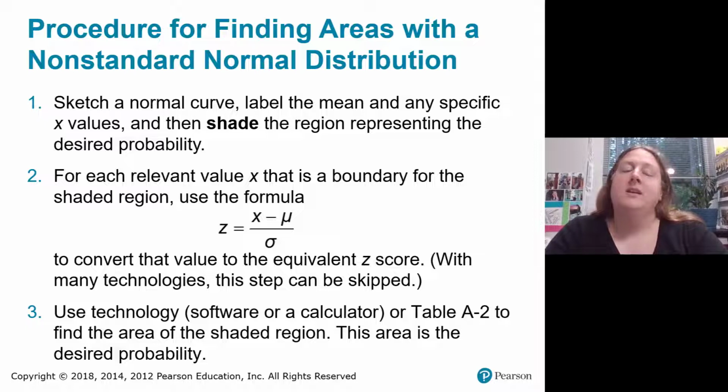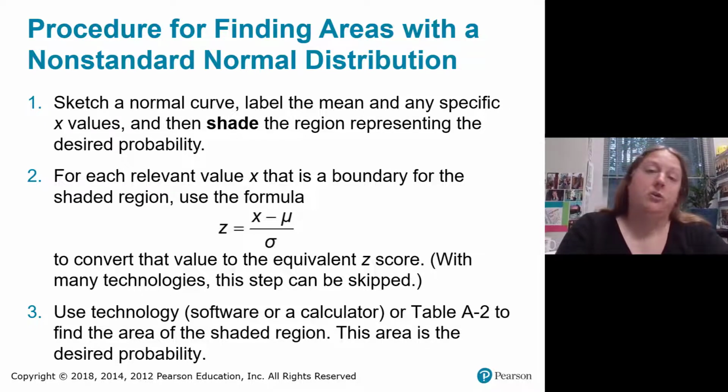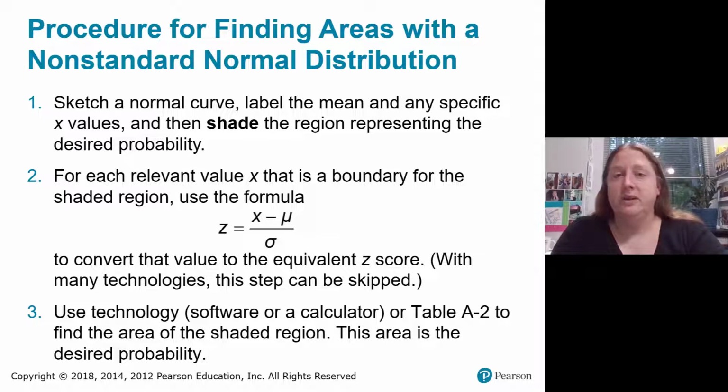So first things first, it's really helpful to look at a graph. So sketch what a normal curve looks like, shading the region that we want related to whatever x value. If we want to know the probability that's greater than or less than or whatever, shading that area that corresponds to that probability is a great idea.